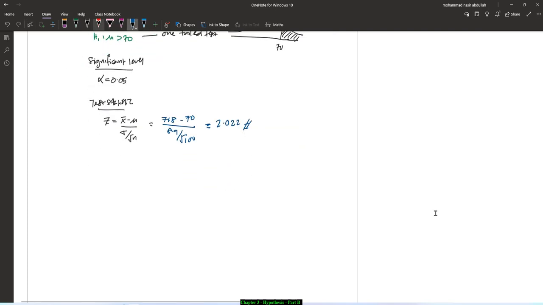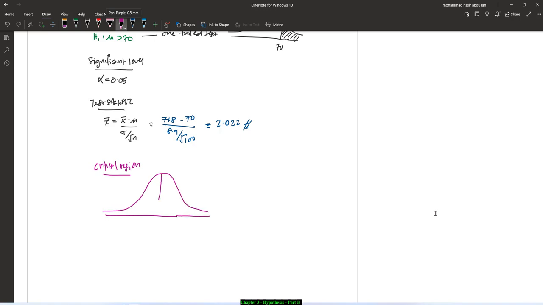Next step, since we are using test statistics, we need to know the critical region and the critical value. Since this is a normal distribution, we convert it to the standard normal distribution. The mean should be equal to 0, from negative infinity to infinity.